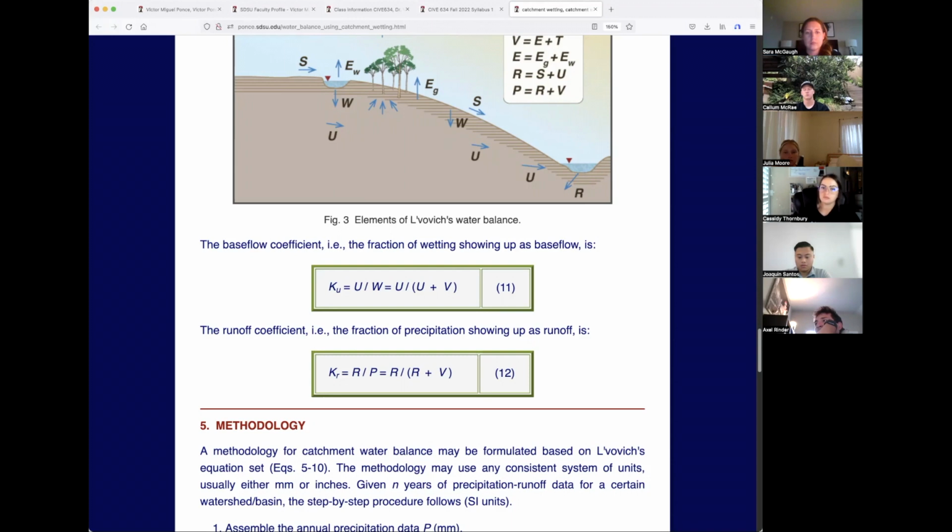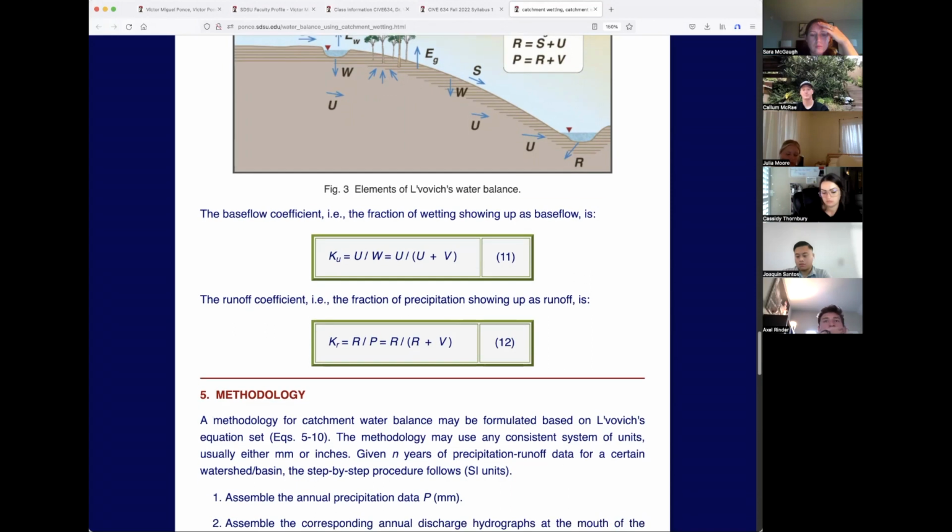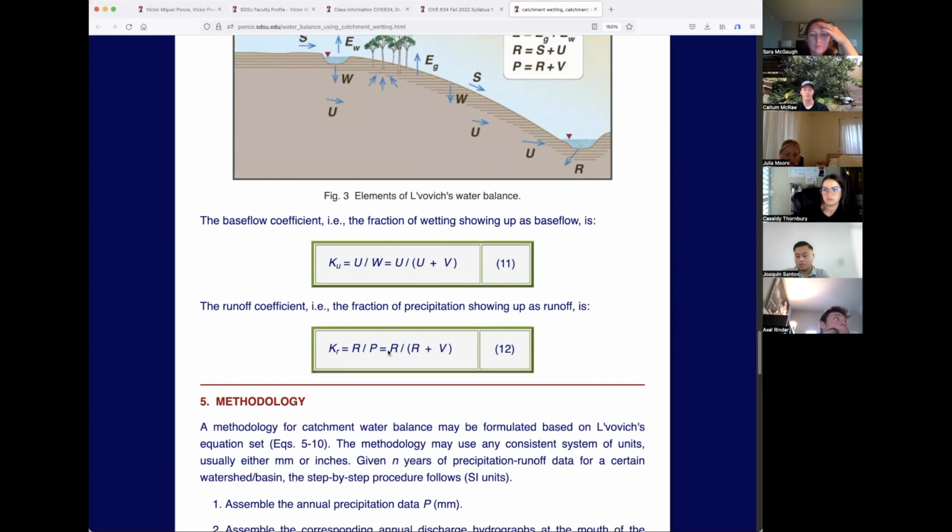So don't rely just on virtual, meaning you didn't go to the field, you looked at the photographs and so forth. That's good and it helps, but it does not help completely, because you still have to go out there and feel the local situation. I have done that in all my career, and I recommend that you do that. So the runoff coefficient is very common.